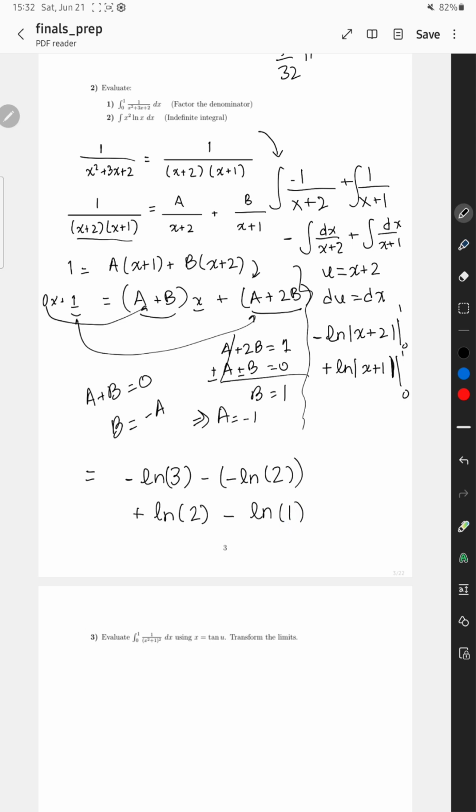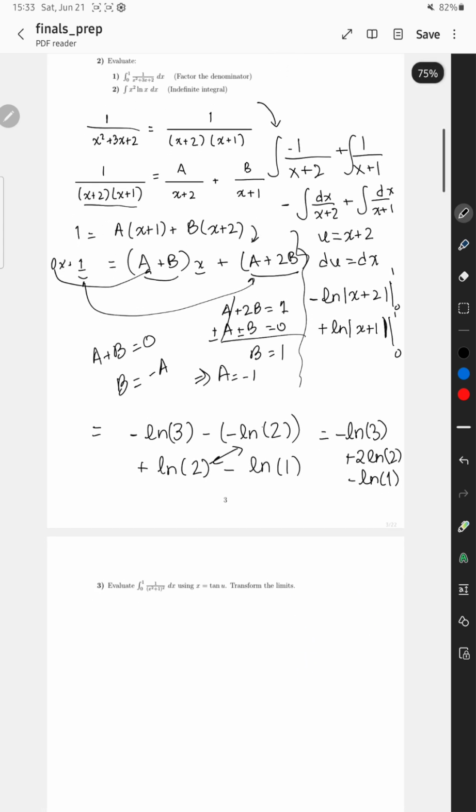So this would be plus plus, so it would be something like minus natural log 3 plus 2 times natural log 2, because there are 2 of these, minus natural log of 1. What is the natural log of 1? Is it e?